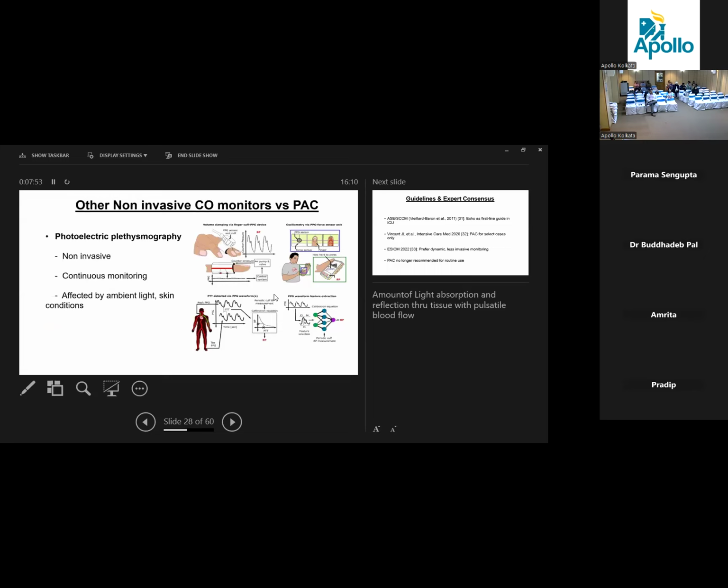Photoelectric plethysmography is again a non-invasive and continuous monitoring device, which gives us parameters including heart rate, SpO2, blood pressure, as well as cardiac output. It works on the principle that pulsatile blood absorbs some light while the tissue does not. So the amount of light applied, absorbed, and detected on the other side gives a ratio that gives us the cardiac output.